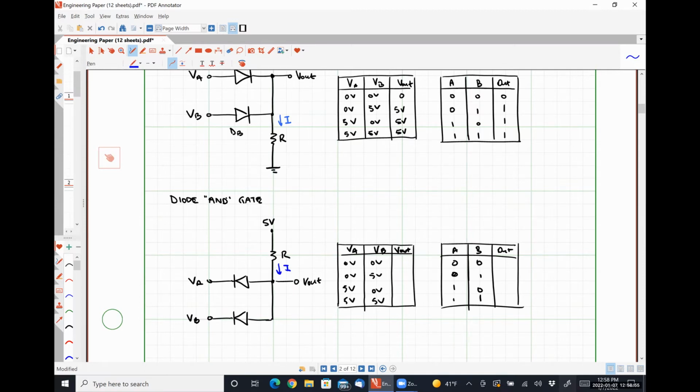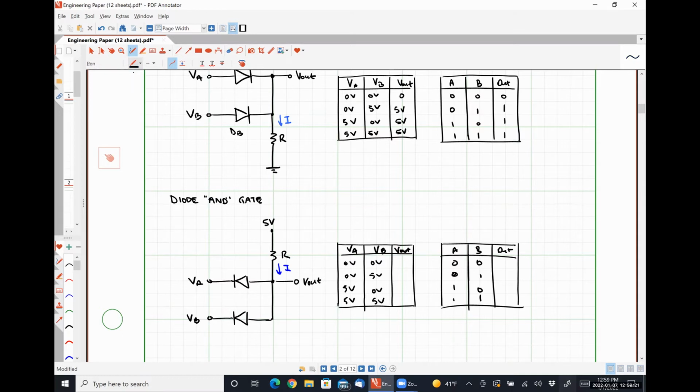So we need these to be reverse biased. That's effectively what I'm doing. Thank you for correcting me. So when these guys are low, they're conducting because it's 5 volts here, nothing here, and that's going to pull the output down to 0. Absolutely right. So when both of them behave as open circuits, which means they're both reverse biased or both at 5 volts, then we get the output we want. Thank you.